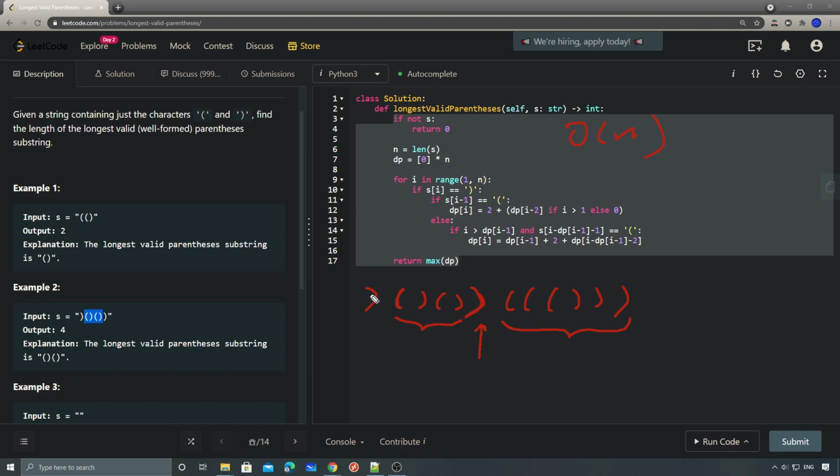So basically this is how it works. At the beginning we have the right parenthesis, so we're going to have a stack here. The stack at the beginning will be 0. And then for the second one we have 1 here.